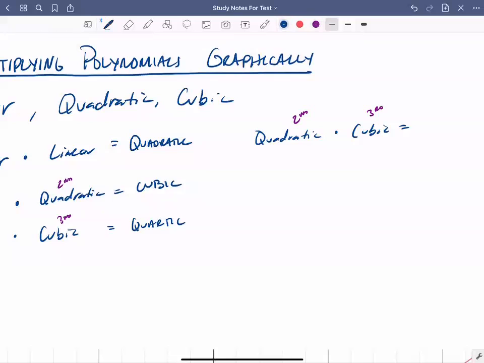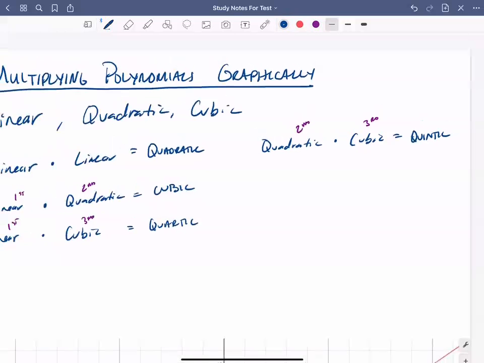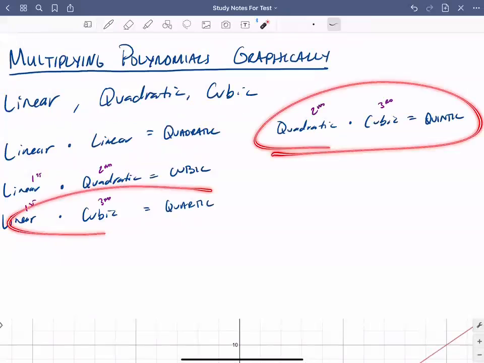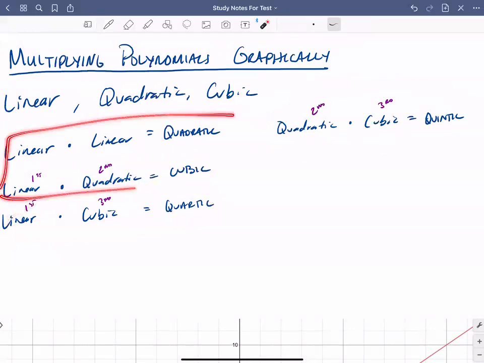So the second and the third give you a fifth degree if we add them together. So you get what we call a quintic, which is a fifth degree polynomial. Now, we're not going to focus too much on these two. We're really focusing on getting a quadratic and a cubic.